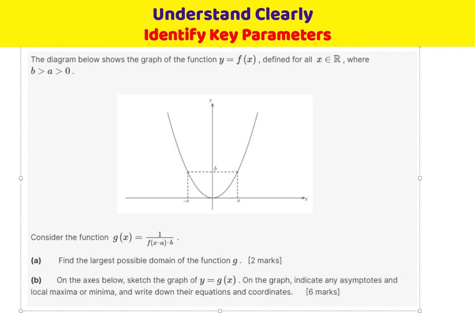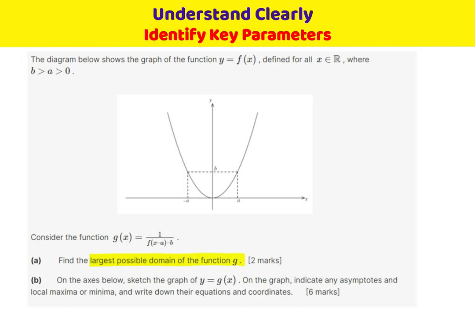So this statement, largest possible domain of g, where g is a rational function, in itself seems to be simple but confusing, right? Part B is, on the same axis below, sketch the graph of y equals g of x.